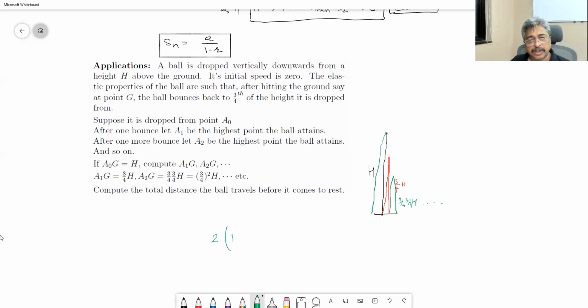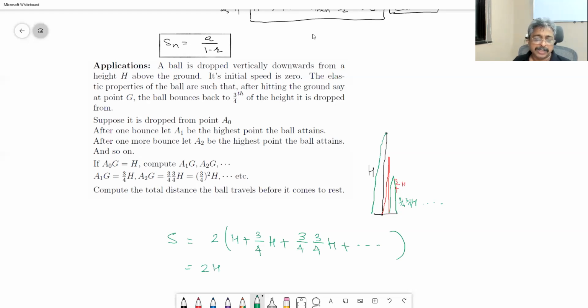So maybe you can calculate this also two times. 2 times H plus 3/4 of H plus 3/4 of 3/4 of H plus so on. This is what is the total distance traveled, and you need to subtract one H from this. That is what you remember. Then H also comes out common.